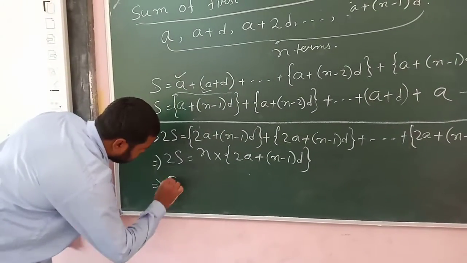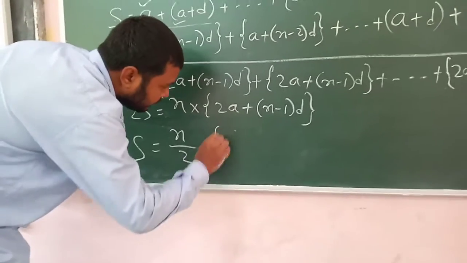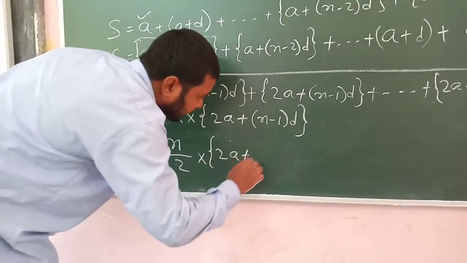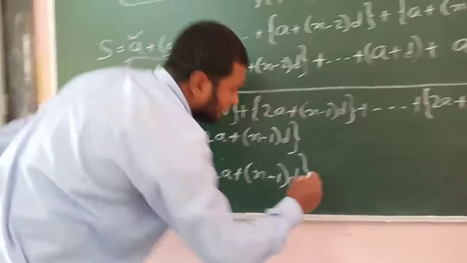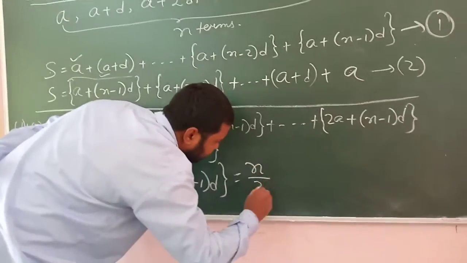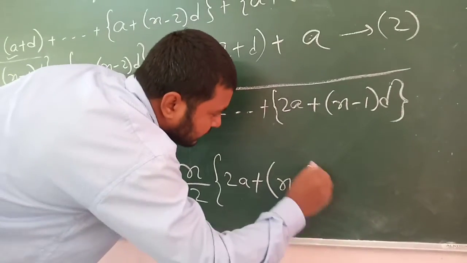So s will be given as n by 2 into twice a plus n minus 1 d.